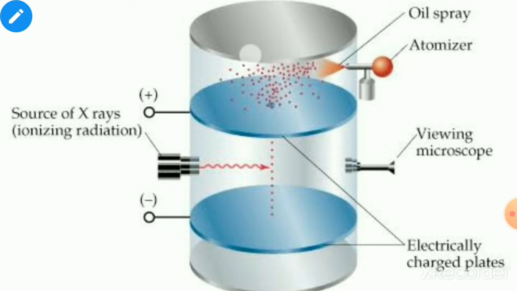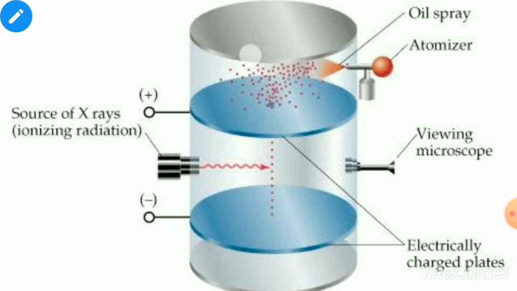Now when this atomizer sprays small oil droplets, the upper plate having a hole in it will allow the droplets to pass through it, and the droplets' motion can be measured by the microscope, which will be ionized by the X-rays.